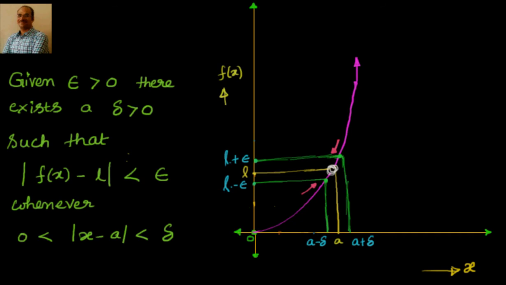Now we are saying that as x is moving towards a, how close you are moving is given by delta on the x-axis, and how close the function gets is given by epsilon in f of x, the y direction.